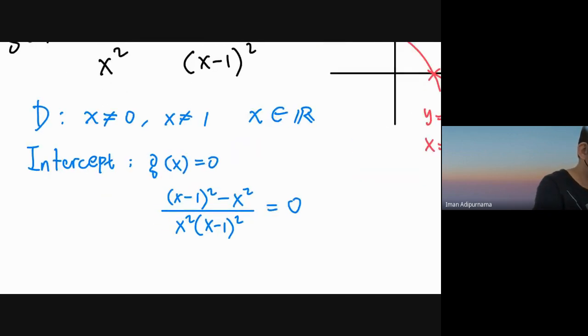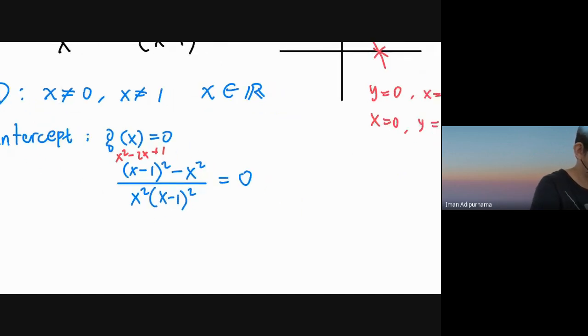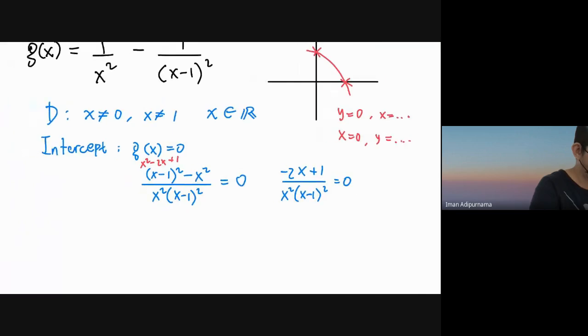Then we can start to look at the function first, and we can expand this with this expansion. And we can say that this is our equation. And from here, we get the conclusion for the intercept, that x is equal to half.